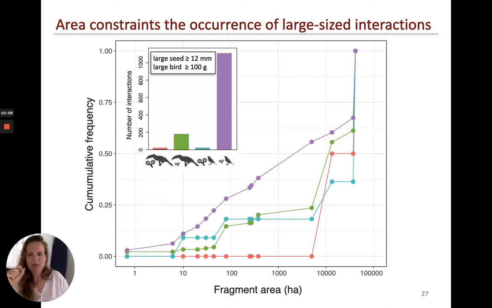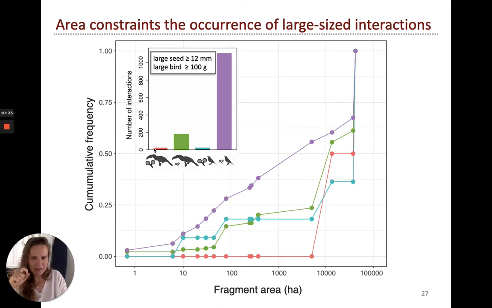Then we can group those interactions into functional groups as well, as we did here. So we have these associations between small species and large ones. And when we relate that with the area of the fragment, or the gradient of fragment area in the landscape, we see that if we follow the purple line, these interactions are the ones that occur in the whole gradient of fragment area.